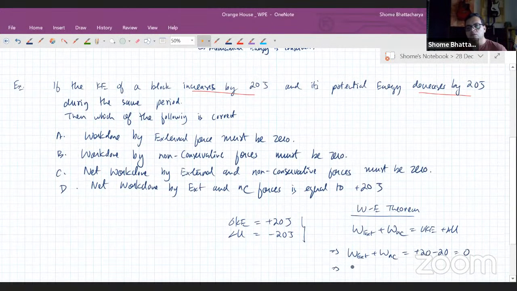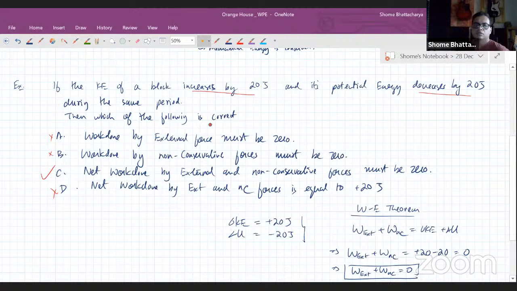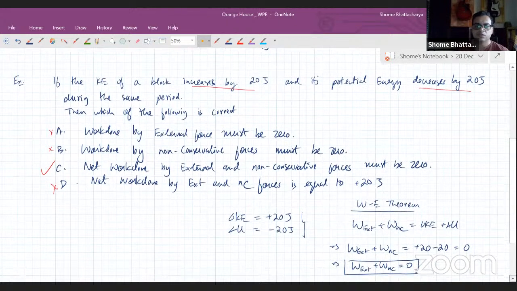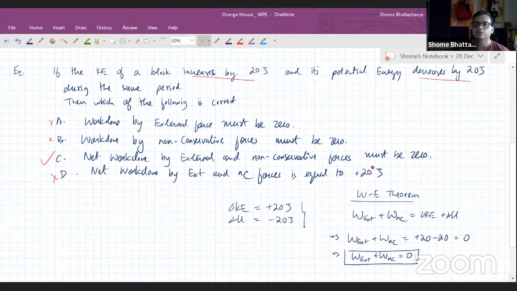The net work done by external forces plus non-conservative forces must be 0. So that's why only option C is correct. Option D is definitely wrong, and options A and B may or may not be correct, because it may be that individually both these quantities are 0, but it may also be that work done by external forces is some positive quantity and by non-conservative forces some negative quantity, such that their resultant is 0.